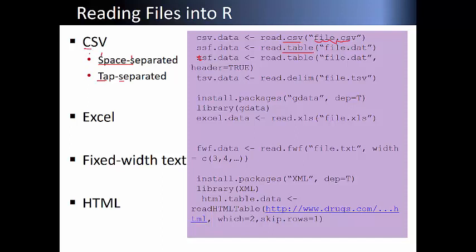This is comma separated values. Comma separated values files should be read by the function read.csv, other than the table. Okay? Oh, the TSV. Oh, yeah, it is SSF and TSV. It's tab separated. Yeah, then you need to have a delimiter. Right. Yeah, that's what I was looking for.